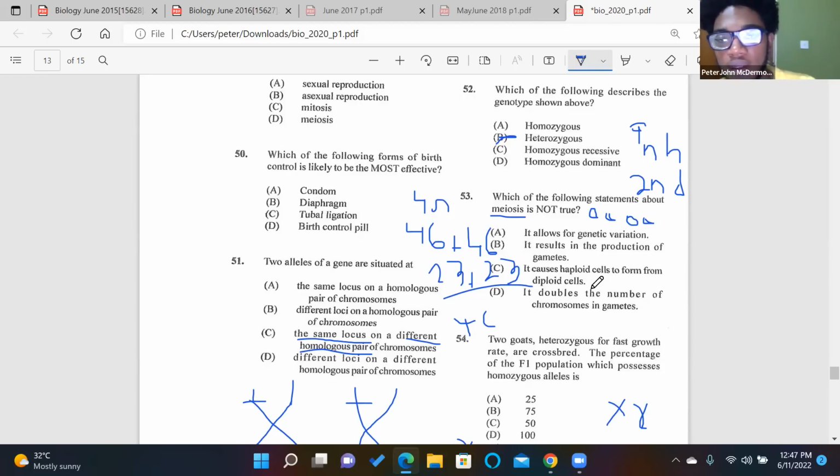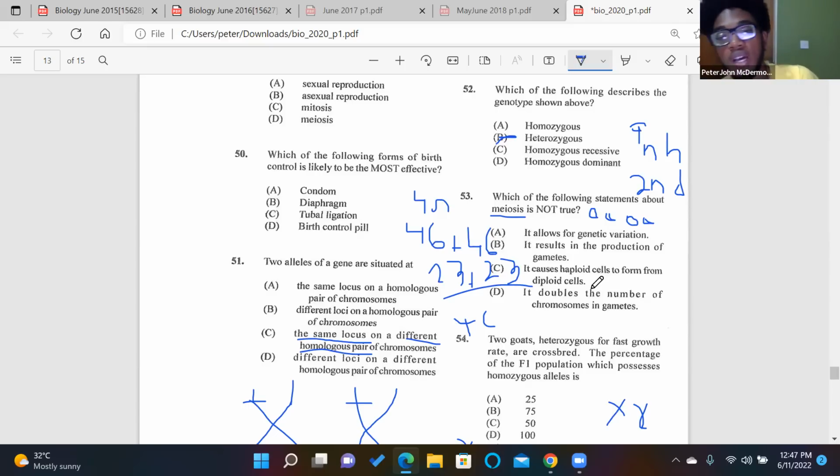Remember what we said? How many daughter cells result from meiosis? 4. And what kind of cells are those, haploid or diploid? They're all haploid.